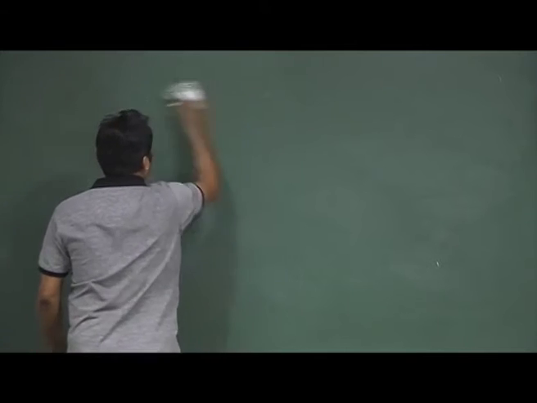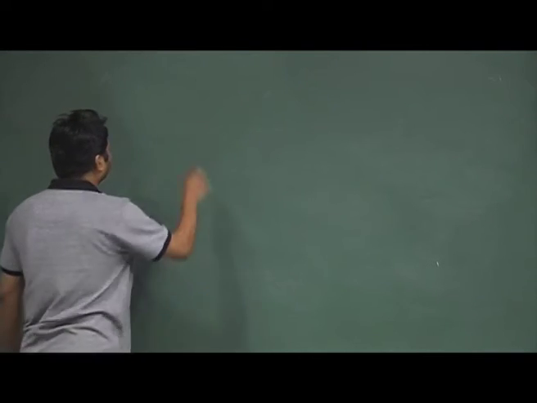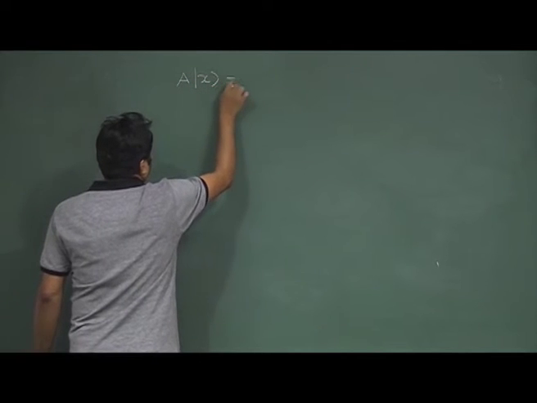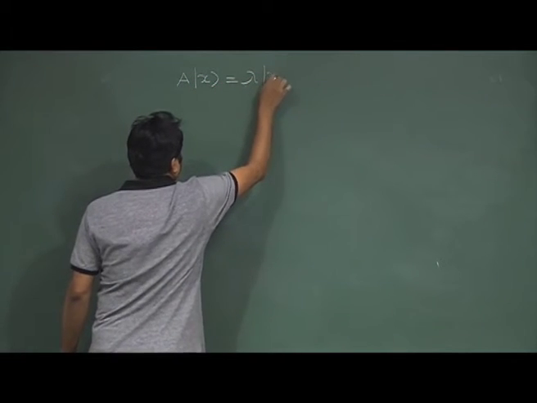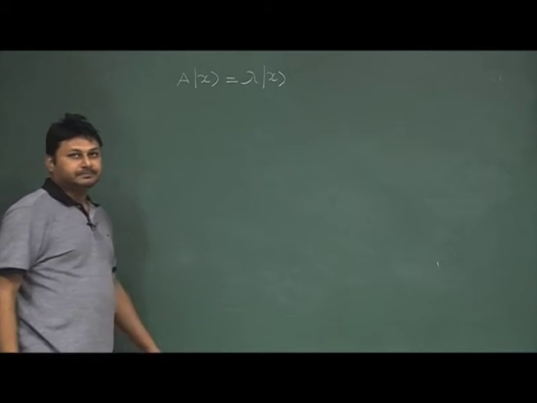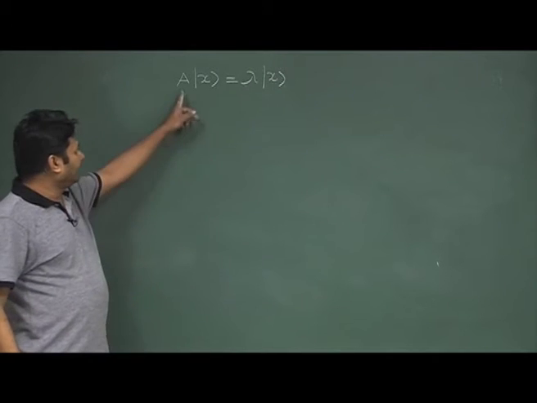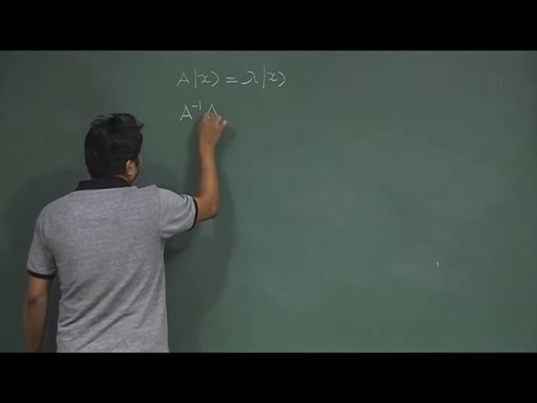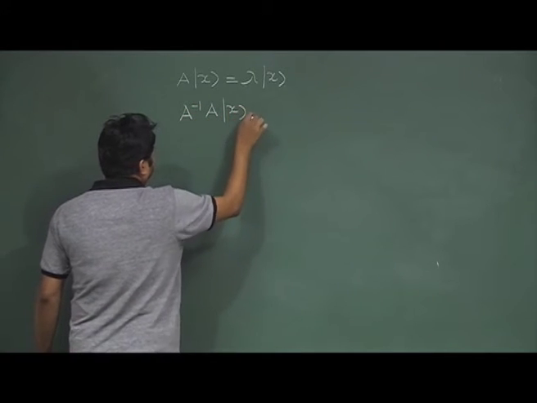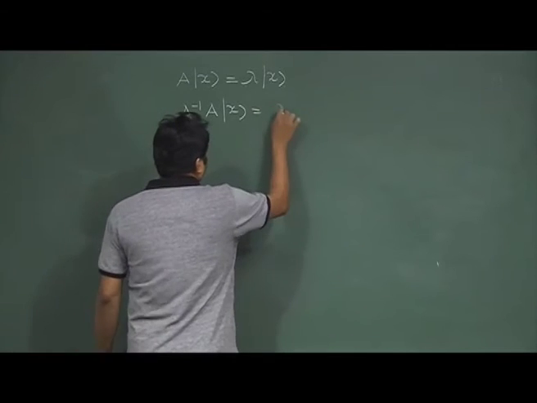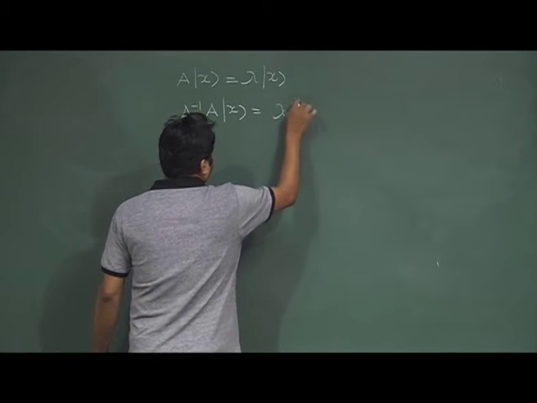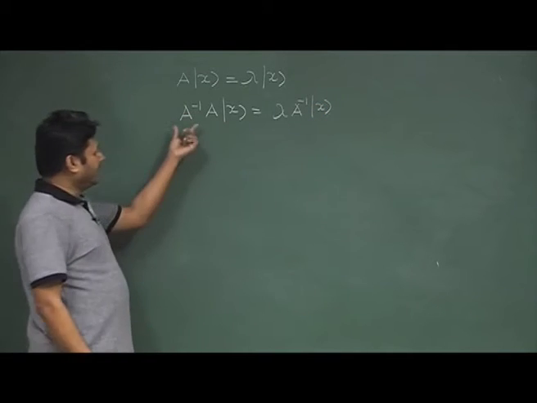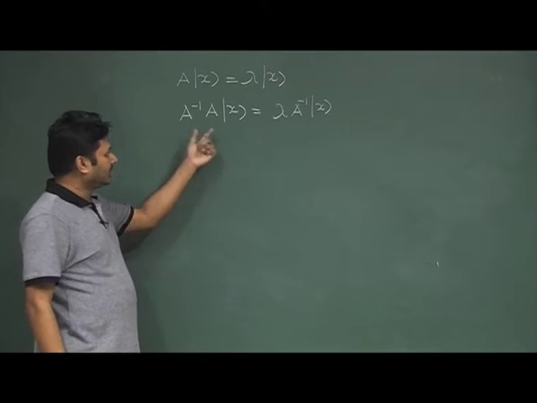Fine. Another simple thing, quick and simple. Same equation I am writing, and for this equation if I operate with A inverse over x, then I have lambda A inverse over x. A inverse A is 1.